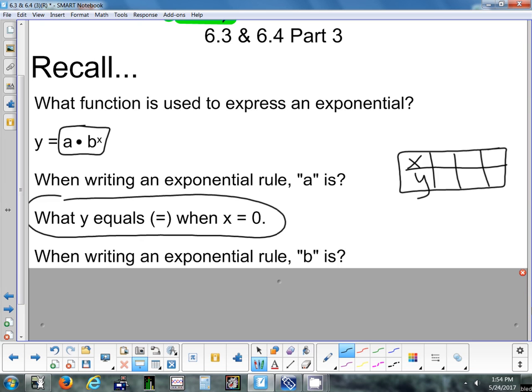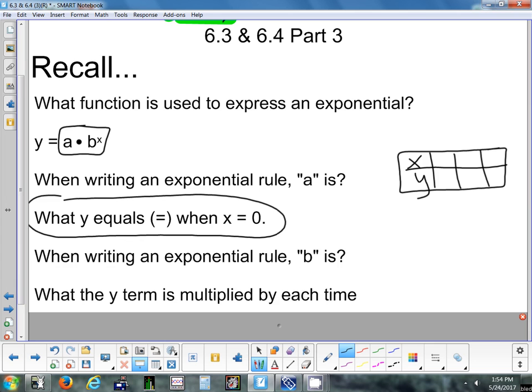Remember, when I'm asking you to express an exponential, we're not doing word problems. With word problems, that's when we'll use the other one we talked about yesterday, with the 1 plus r. But we're not worried about that now. So when I'm writing an exponential, how do I figure out what b is? It's what the y term is multiplied by each time. Remember, for exponential you multiply; linear is where you add or subtract the y's.